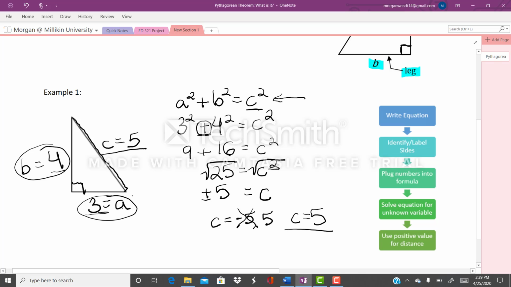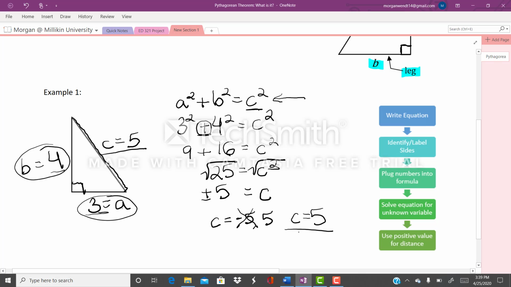So I wrote the equation, I labeled my sides. Once I labeled my sides, I can plug those numbers right into the formula and solve like you all have learned in the past how to solve an equation. Once I solve for the unknown and take the square root, I get plus or minus because we are taking square roots.